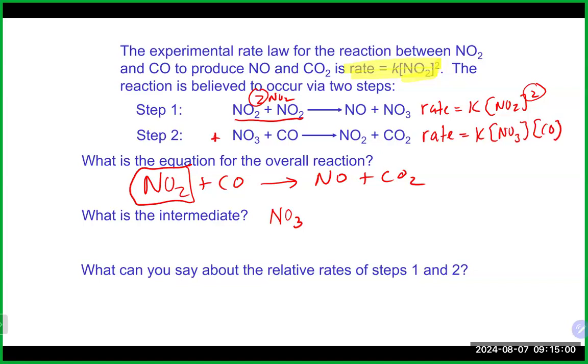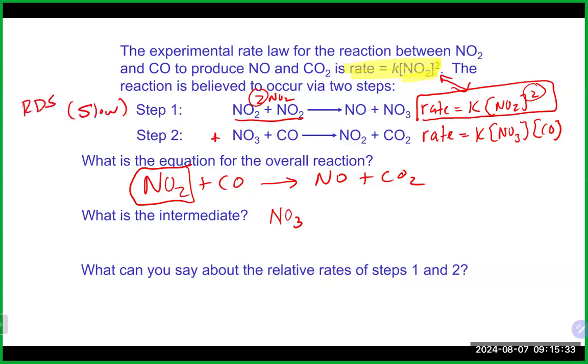So the one thing that we know is if this is a good mechanism, which it is believed to be, the rate law for the rate determining step or the slow step in the mechanism should match exactly the rate law that was found experimentally. And if we look at this, we could hopefully see that it is actually the first step which has a rate law that matches the one that was found experimentally. What that would tell us in this case is actually the first step in this mechanism is the slow step.